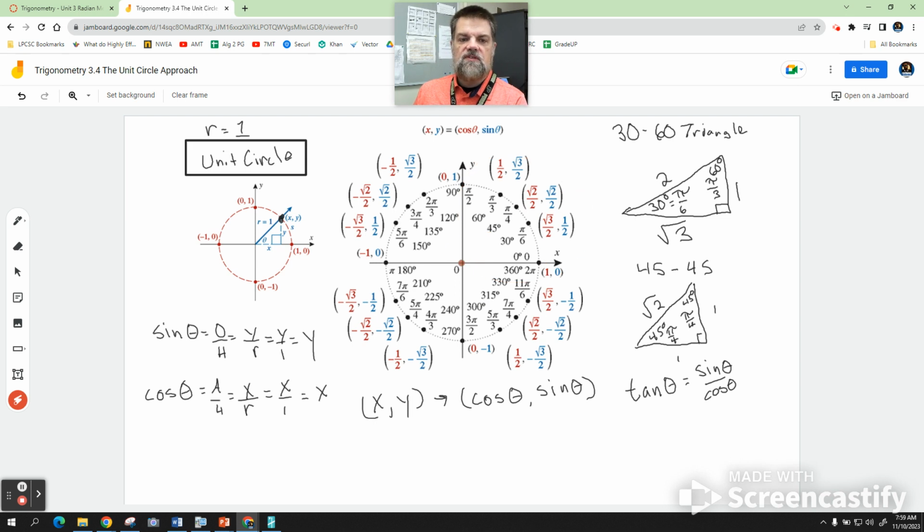So we'll just kind of talk about this briefly, but 45 degrees, which is pi over 4, what's cosine of theta? Well, it's the adjacent over the hypotenuse. So if this is my angle theta on this triangle, which is 45 degrees, the adjacent is 1 over the square root of 2, but then you have to rationalize the denominator and you'll get the square root of 2 over 2.